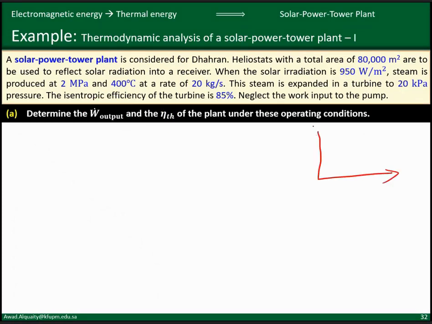We have a lot of information provided to us, all the relevant ones, and here we know the inlet to the turbine, 2 MPa and 400 degrees Celsius.